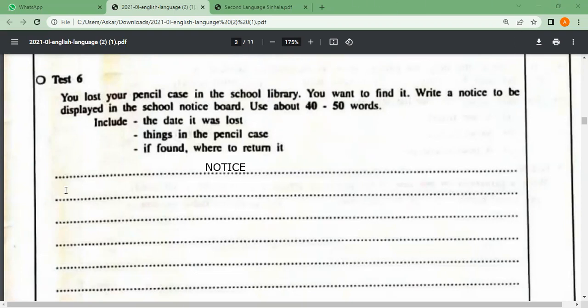Now I will write it first of all. I will change the color. You should write it simply. I am writing it just to show.